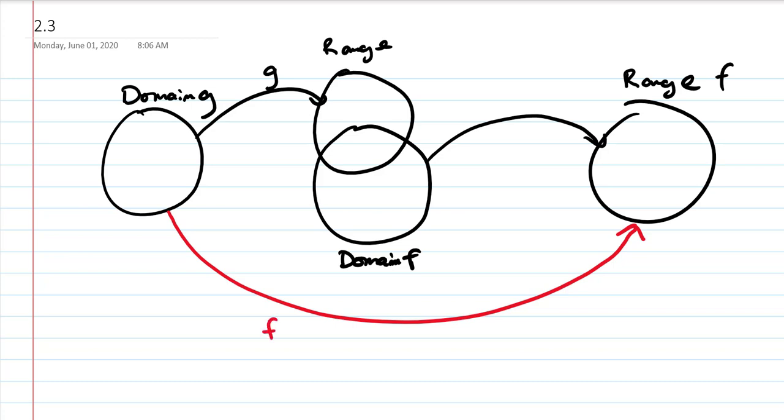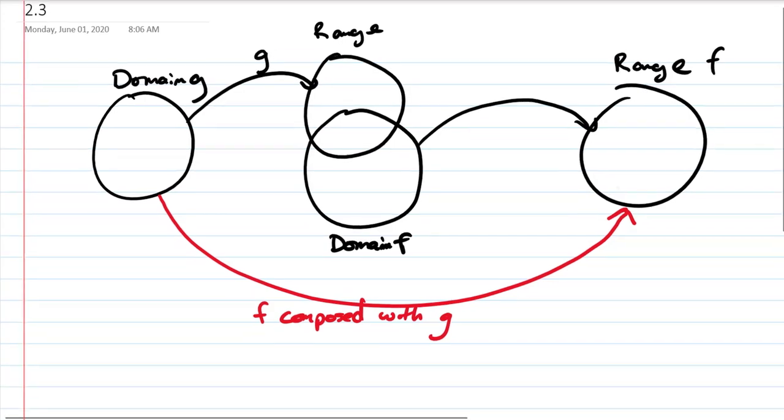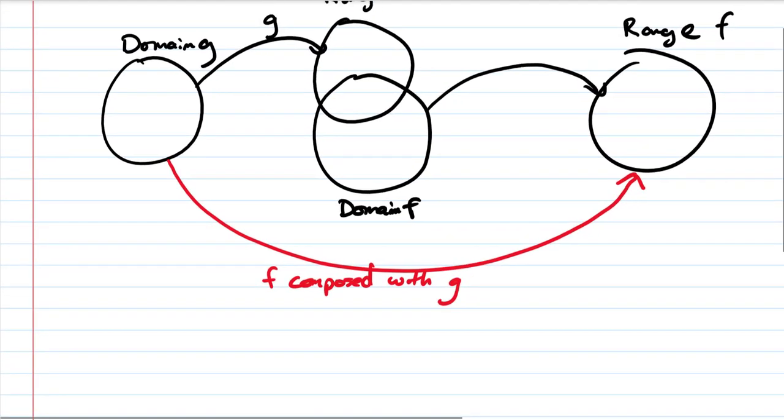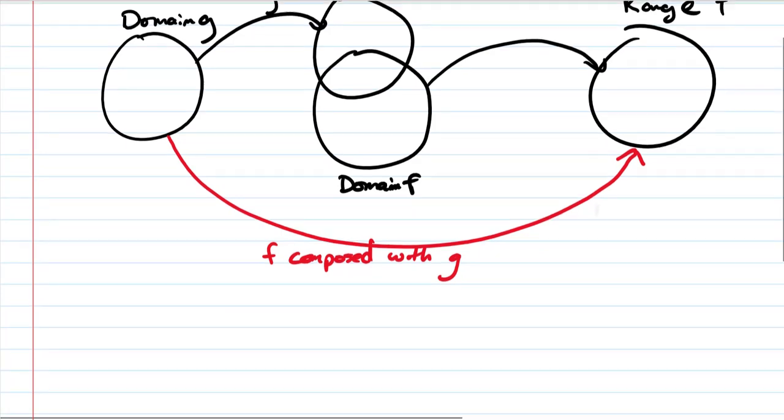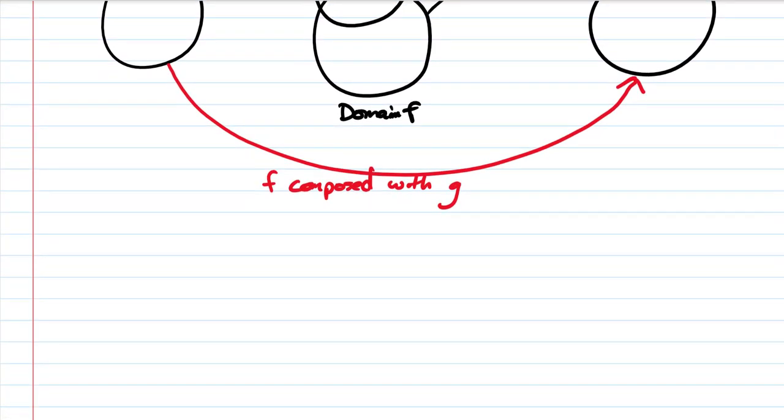So this is f composed with g. Alright, so let's leave ourselves a little space because we're going to come back and write something else on this diagram in a little bit.